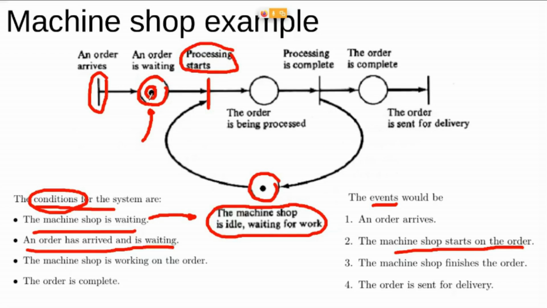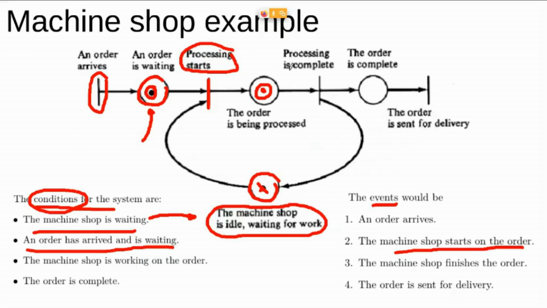And then this order will disappear from here and will appear in here, in this place, because the state of the system has changed. Obviously, the machine shop now will not be idle, will be busy, so this token in here also disappears. And here we have a single token. That means the order being processed by the machine shop.